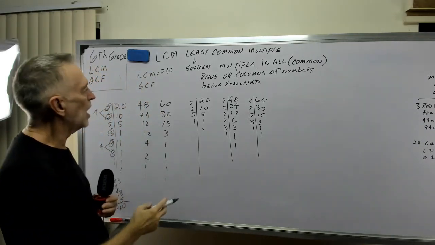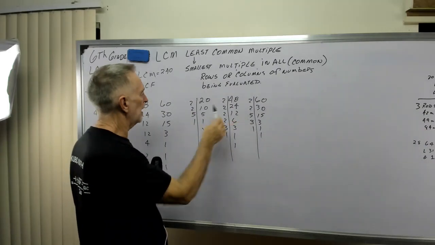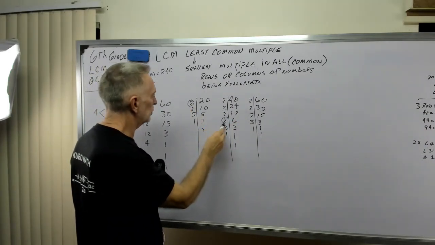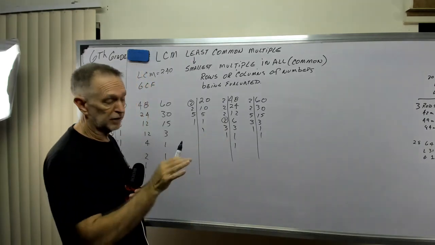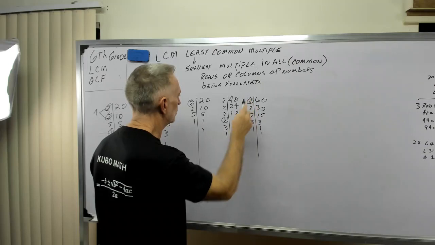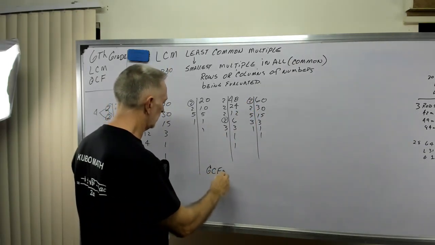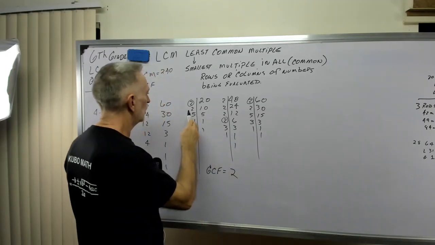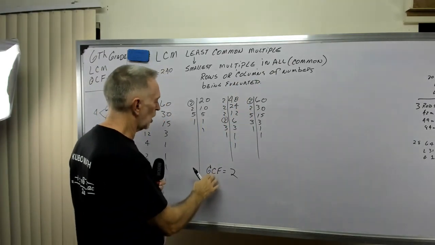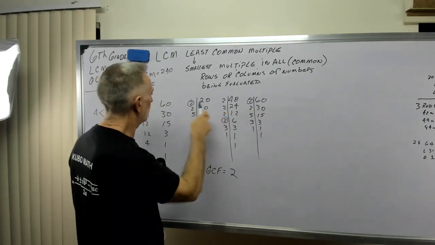Now then, what's common? Because we're trying to find the greatest common factor. So we have a 2. I'm going to pick this 2 just to show you that it doesn't have to be in the same row. That 2 and this 2. So, greatest common factor equals 2, because that was in all of them. Okay, greatest common. Common means in all. All right, do we have another set of 2's?